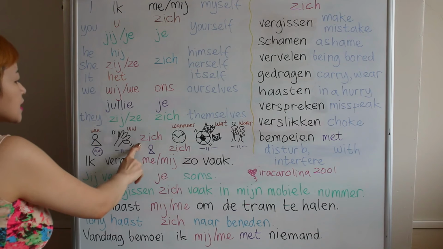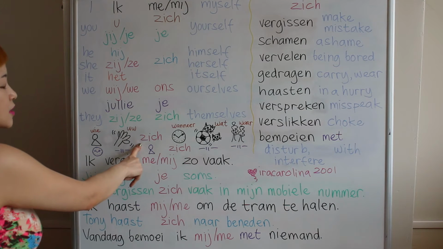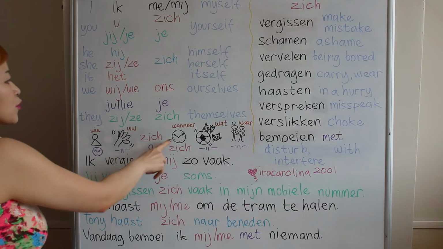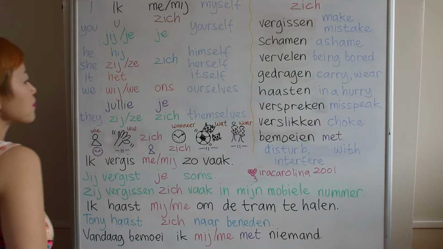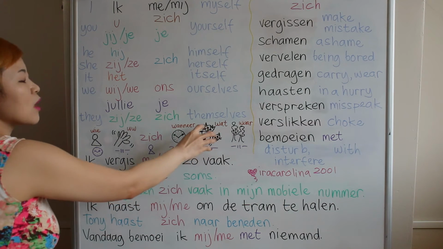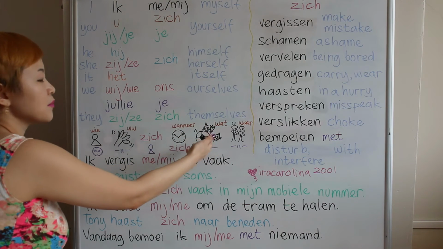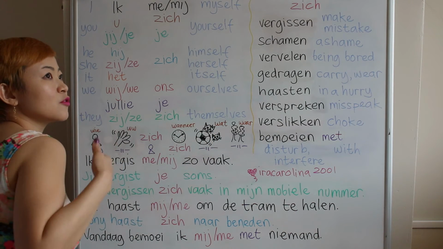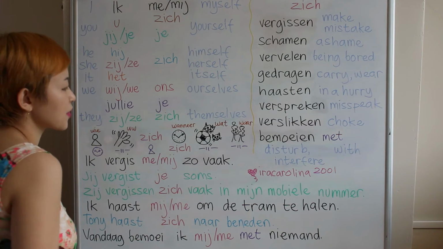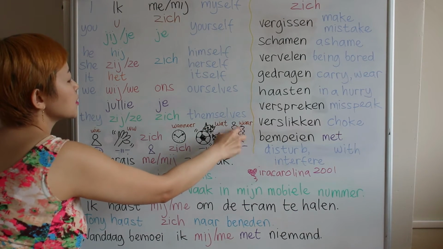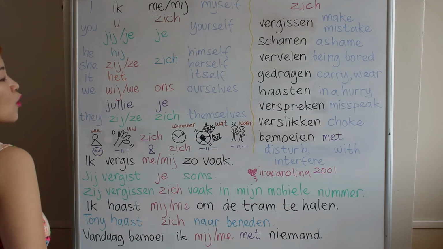That's why zich comes here in the third place. After that, we put the time signal or when, wanneer. After that, what, can be an object, person, animal, plant, or even thing or things. And then the place, waar, or where.